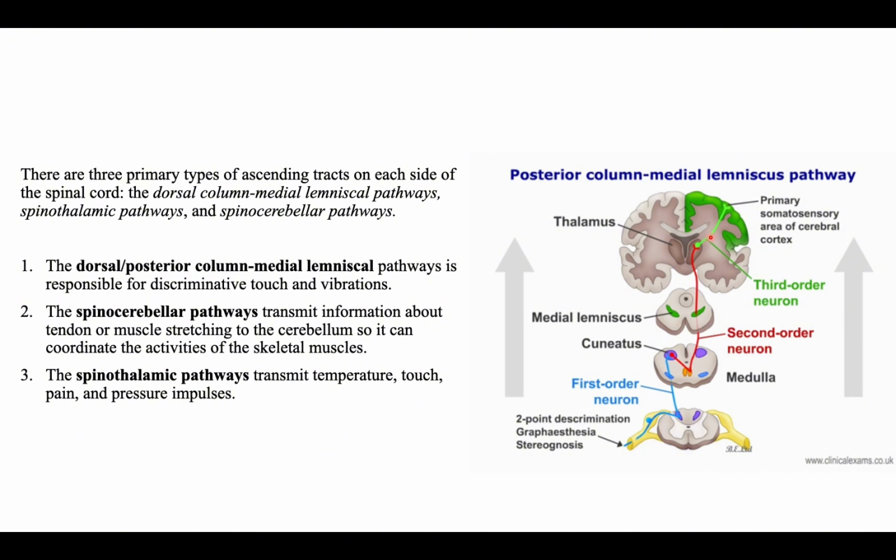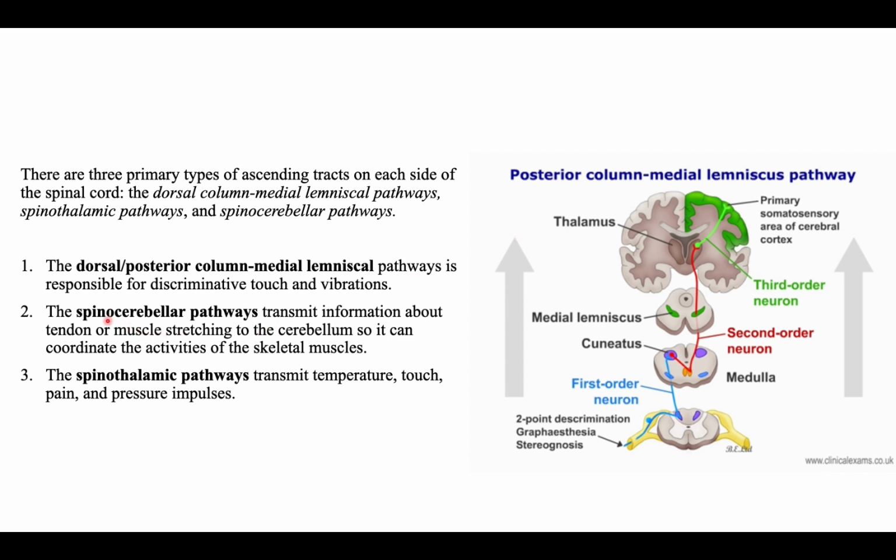Its axons will go to the internal capsule and go to the primary somatosensory cortex. So that is the simple way of going about the posterior column medial lemniscus pathway.